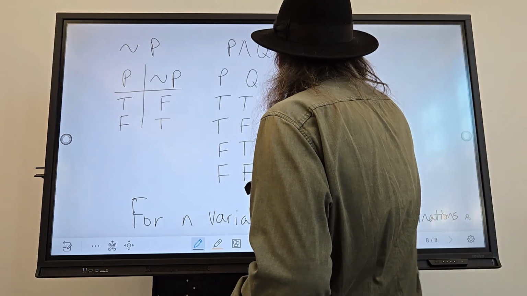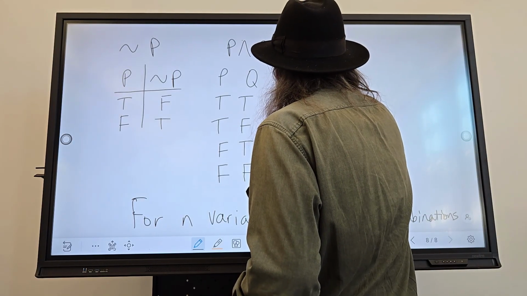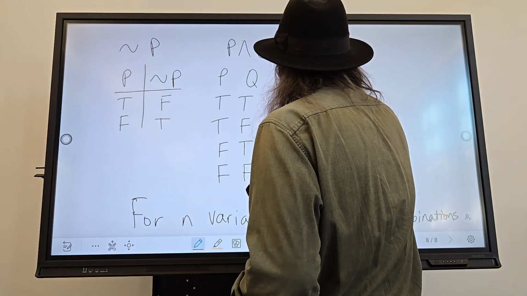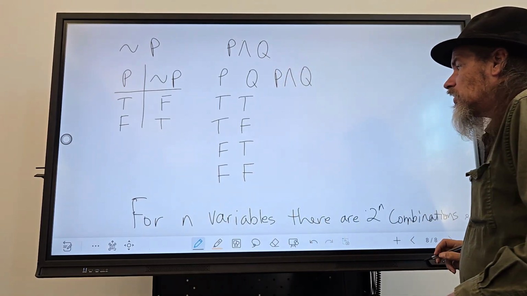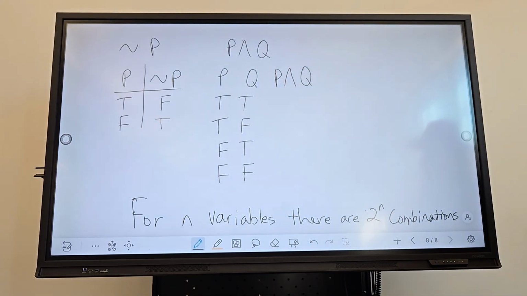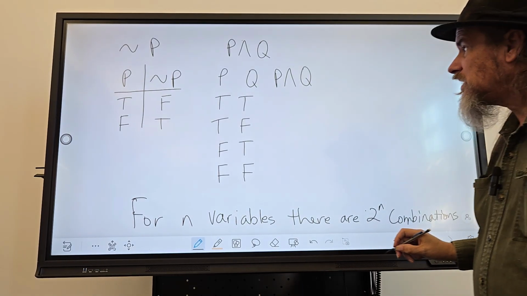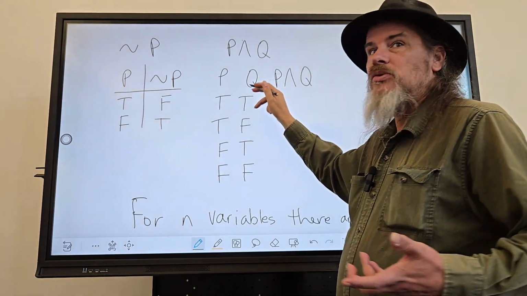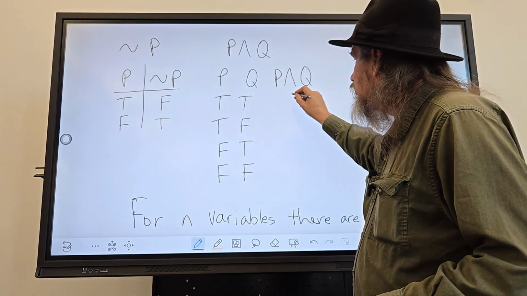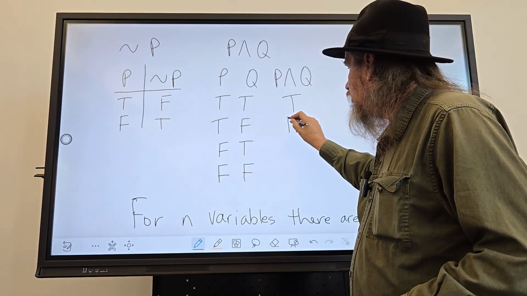So let's get back to P and Q. P and Q is only true if both P and Q are true. So it's true here, false everywhere else.